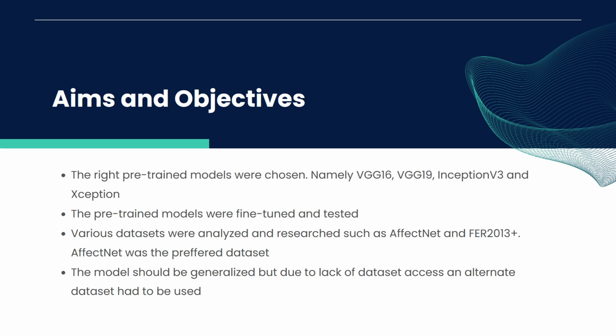AffectNet was the preferred dataset. The model also had to be generalized, which means the model should be able to perform over a variety of scenarios, but due to the lack of dataset access to AffectNet, the alternate dataset had to be used, which is FER 2013 Plus.